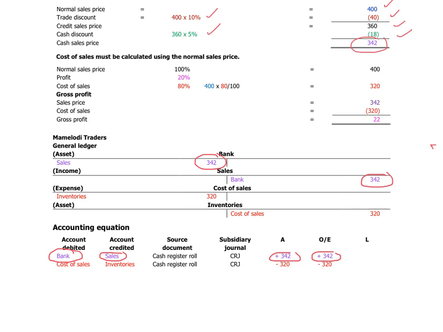Okay, if we want to determine the cost price, I must use the normal sales price to determine the cost of sales. So I will take the 400 Rand and the sales price is given to me. The profit that's made in this calculation is 20% on sales price.